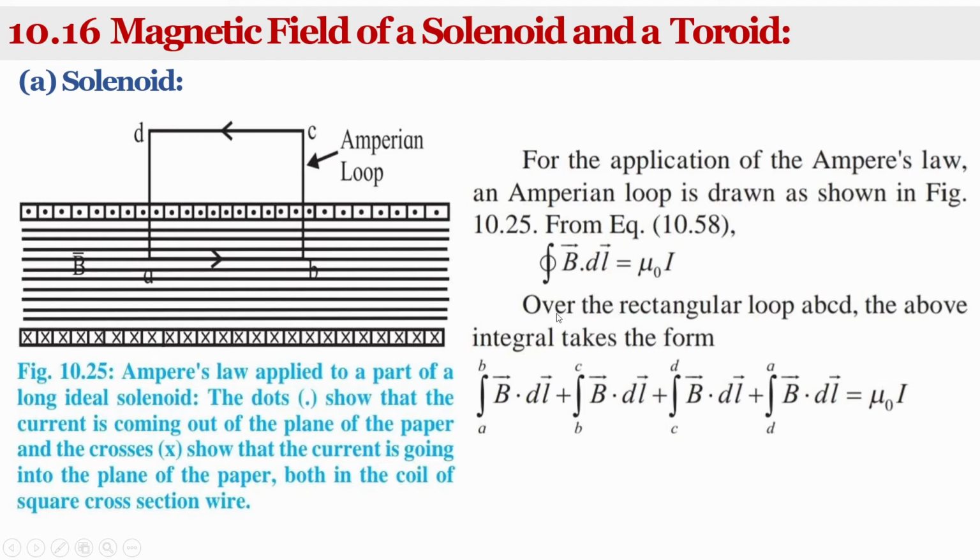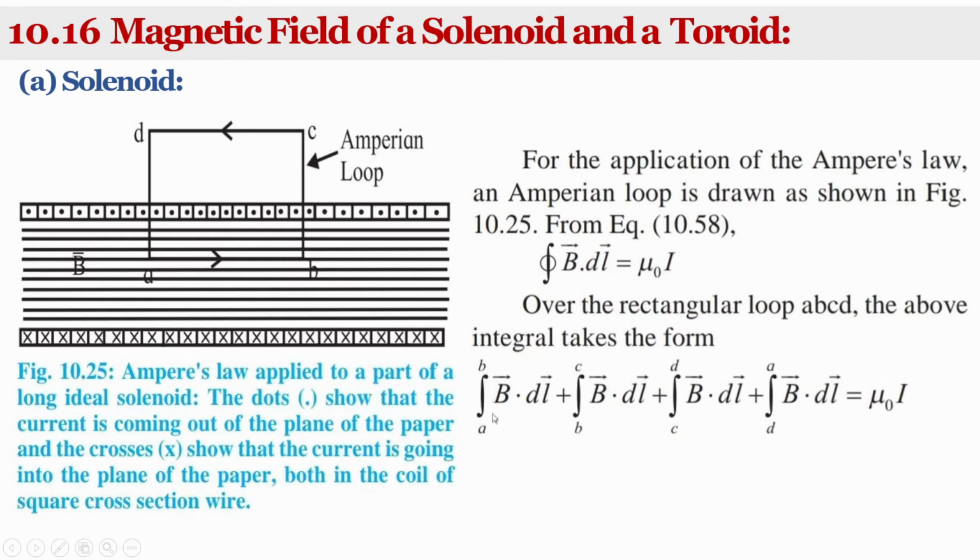Over the rectangular loop ABCD, the above integral takes this form. We take a rectangular loop A B C D A, that is the Ampere loop, and take the line integral of B dot dl for it.